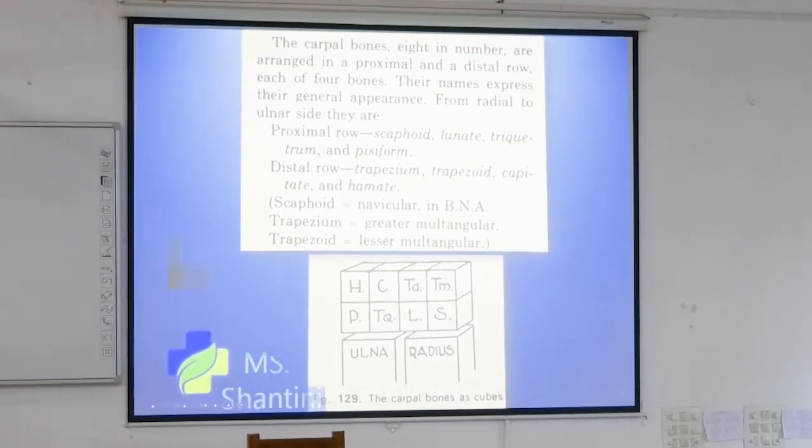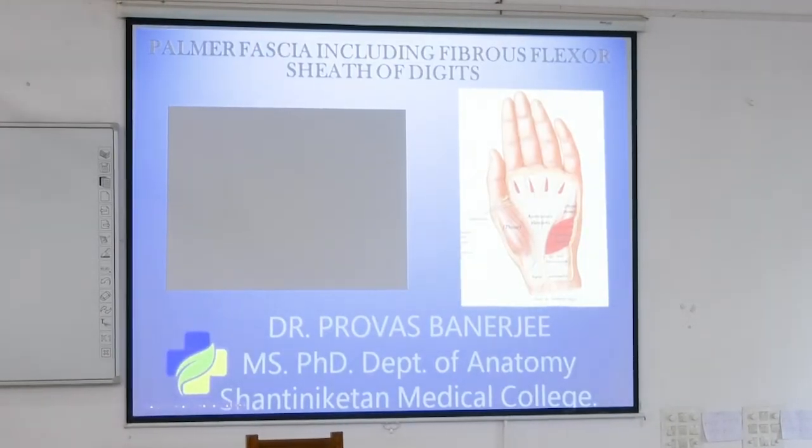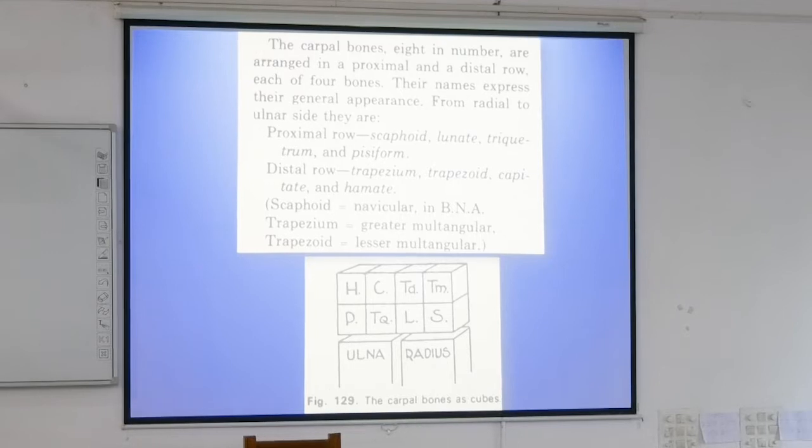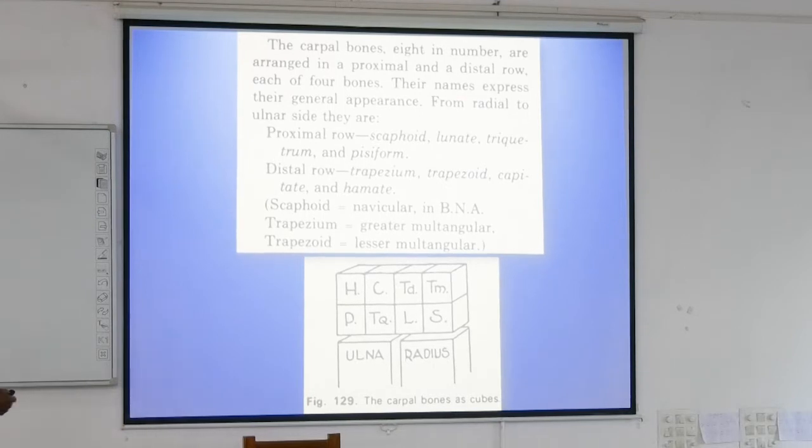Now, the carpal bones, 8 in number, are arranged in a proximal and a distal row, each of 4 bones. Their names express their general appearances.